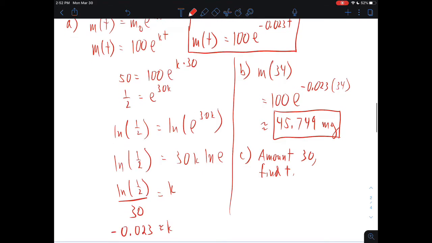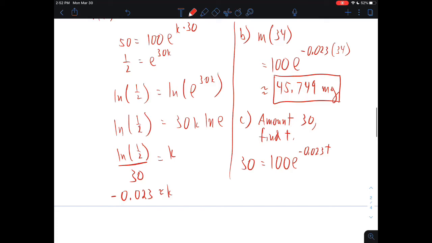So this is the opposite of that. This means that our amount, m of t, is 30, and we need to set our equation 100 e to the negative 0.023 t equal to that. So this is similar to how we solved part A. We just divide both sides by 100. So 30 divided by 100 is really 3/10. Take the natural log of both sides, so ln of 3/10.